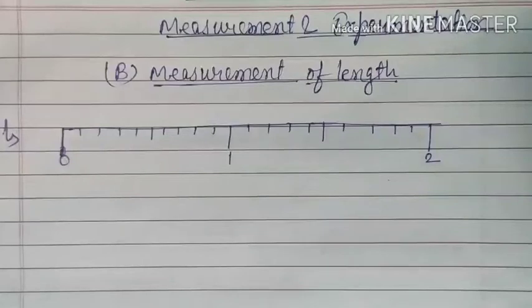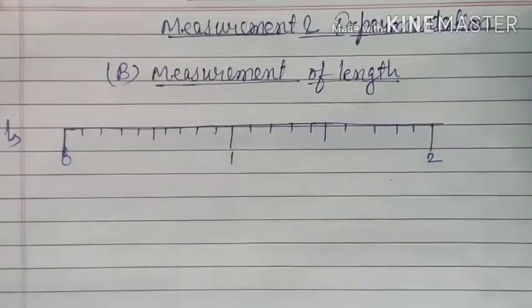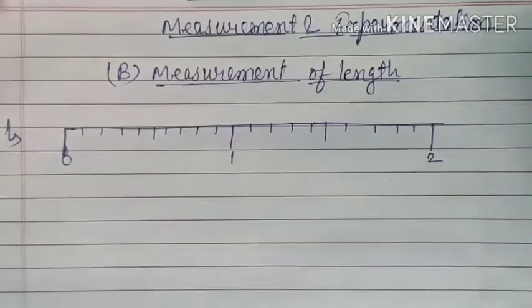But if you want to measure a lesser amount of current, we will use a microammeter or milliammeter accordingly. So it depends on the requirement of the measurement. If the physical quantity to be measured is larger, we will have to use a larger unit or an instrument which will give us the larger unit, or otherwise smaller units. So here we are talking only about length.